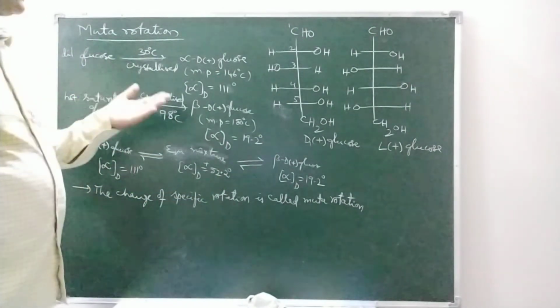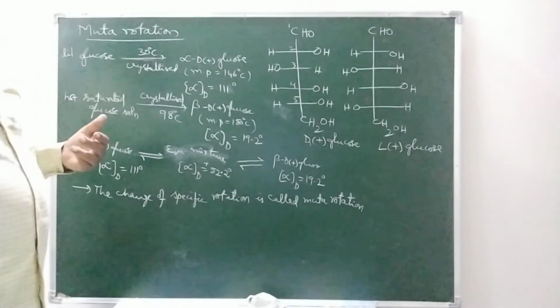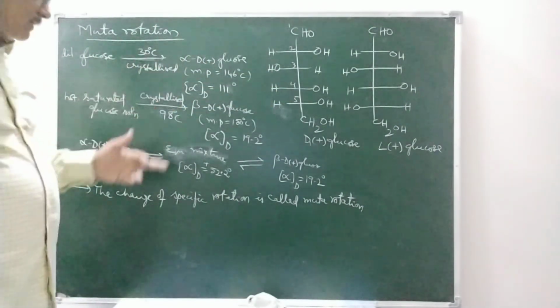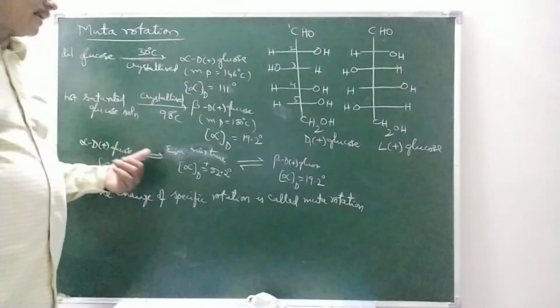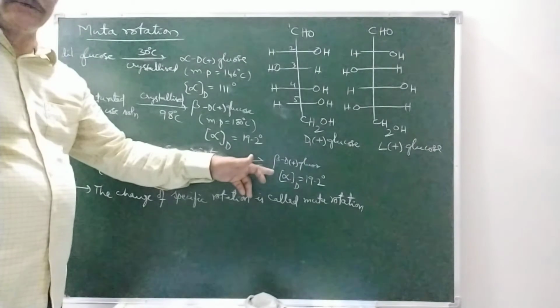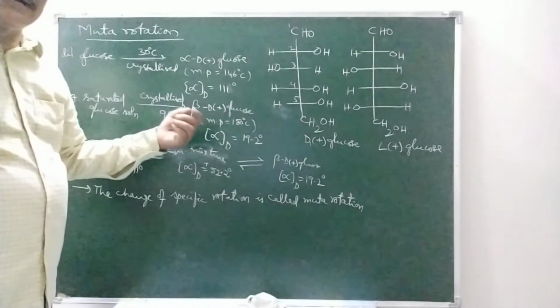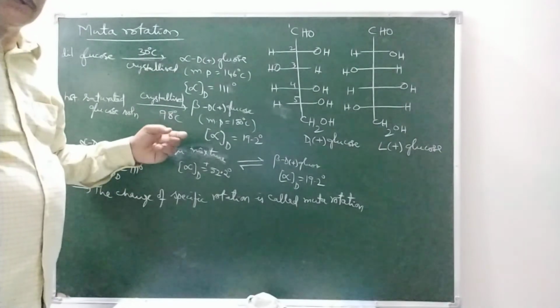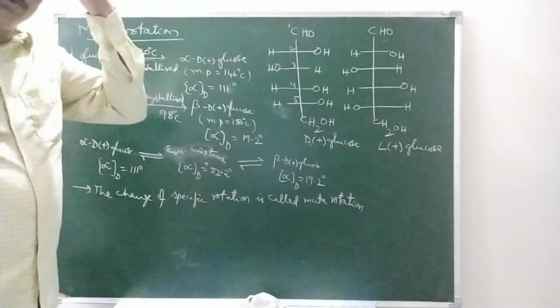So, why does glucose show mutarotation? Because it has two types of glucoses, alpha D glucose and beta D glucose. That means D plus glucose is a mixture of two types of crystals, alpha D glucose and beta D glucose.